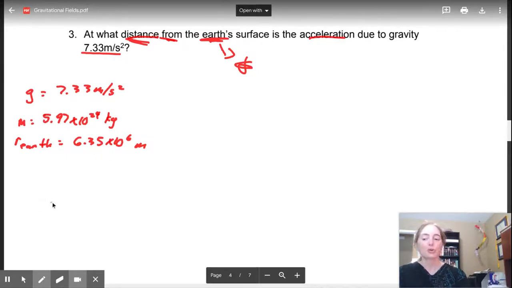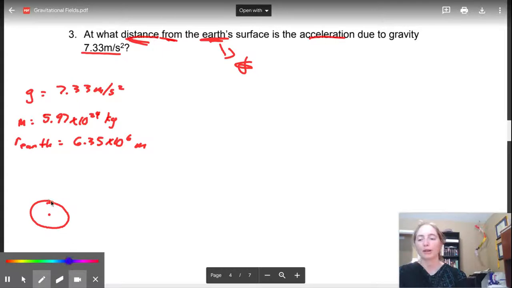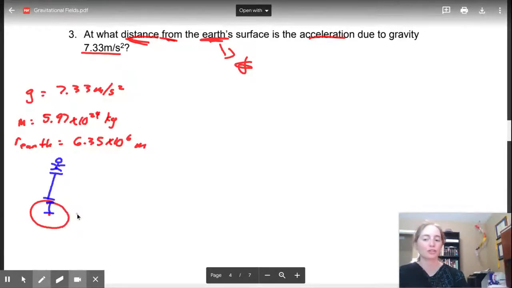So here is the radius of Earth. I'll switch to blue. There's the radius to the Earth's surface. Here is dude in space. Now that dude is in space, he is above the Earth's surface. The value that you have been asked to calculate is this value here.